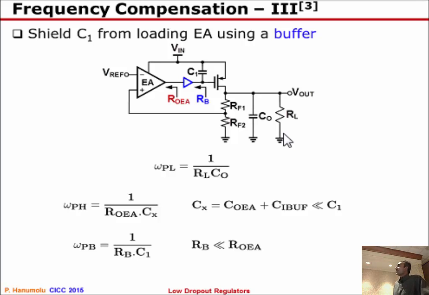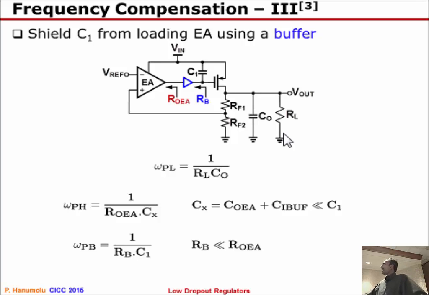So in this context, what would be useful to do is to decouple the pole, the output frequency, from the output impedance. Again, as trivial as it might sound, using a buffer to shield C1 capacitance from the amplifier output is very commonly used. So in this context, the low frequency pole remains the same at the output, which is 1 over RLC naught, and the high frequency pole now becomes the output impedance of the error amplifier times whatever is the leftover capacitance at this node, which I'm denoting as Cx here.